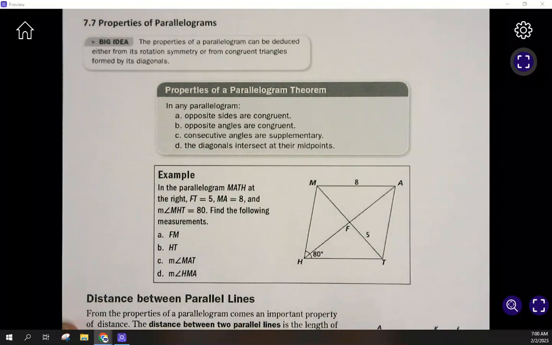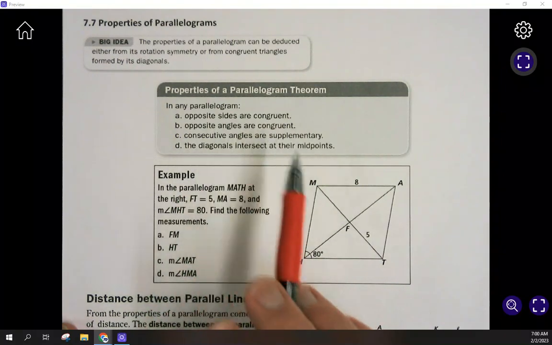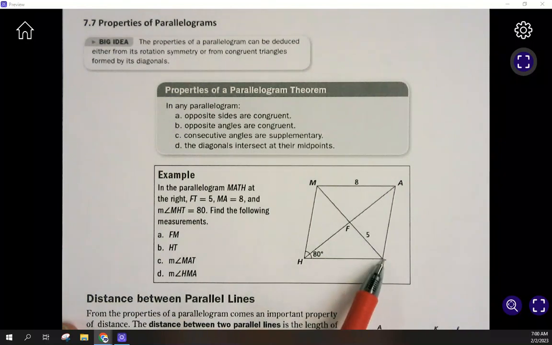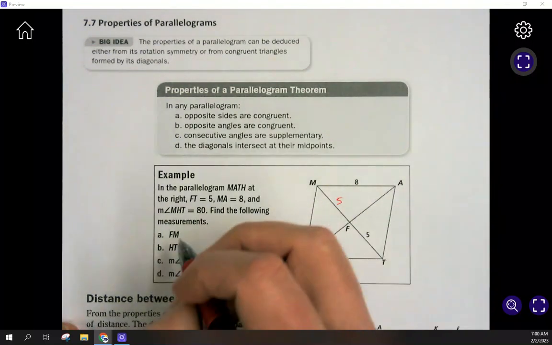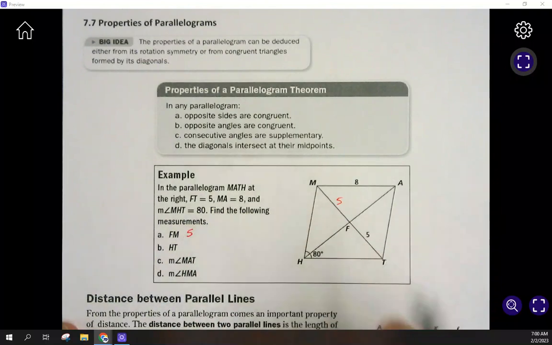So we're going to find these measurements. FM, right here, is the other half of this diagonal. The point of intersection of the diagonals is always the midpoint of the diagonals in a parallelogram. Okay, that is part D of the properties of parallelogram theorem. So if I know FT is 5, I know that MF or FM is also 5. Pretty basic.